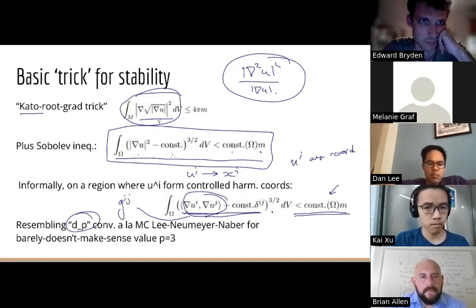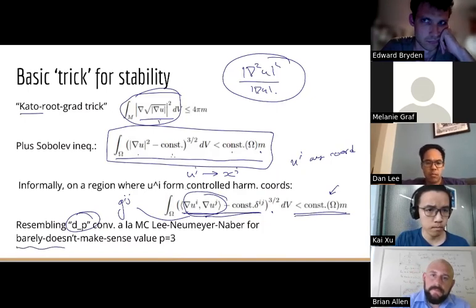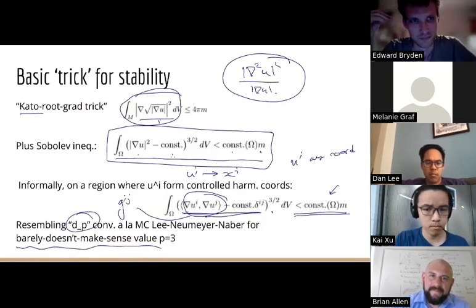is similar to the L3 control from the Lee–Naber–Neumayer paper, which, as I wrote here, is the borderline value that barely doesn't make sense. Because when p is equal to the dimension, their metric dp doesn't really make sense, but it just loosely resembles the dp control right at the borderline.